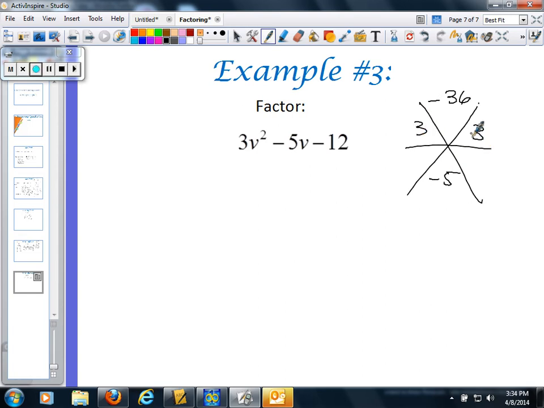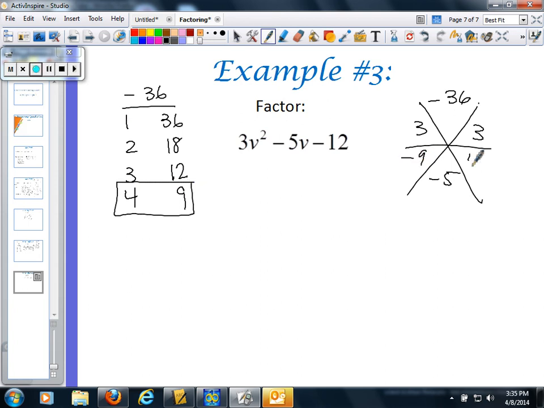Factors of negative 36: 1 and 36, 2 and 18, 3 and 12, 4 and 9. I know this is negative, which means one is going to be negative and one positive all the way down. So I can use these to get my factors.